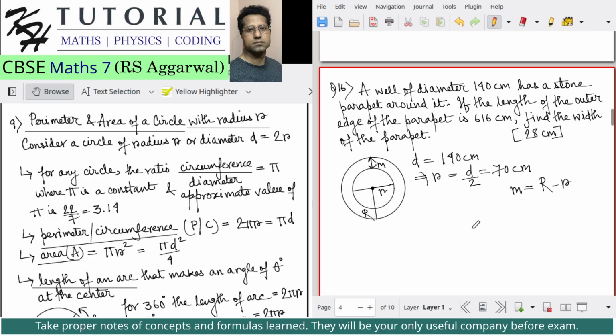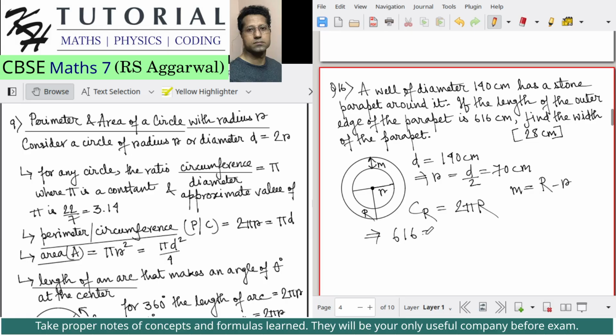It is the circumference of the outer edge, which means the circumference of the circle of radius capital R. So if I consider C capital R is equal to 2 pi R, C capital R is the circumference of the outer edge, which is given to be 616 centimeter.